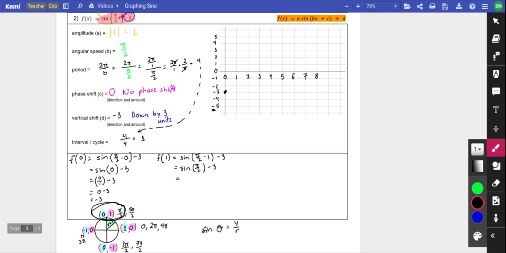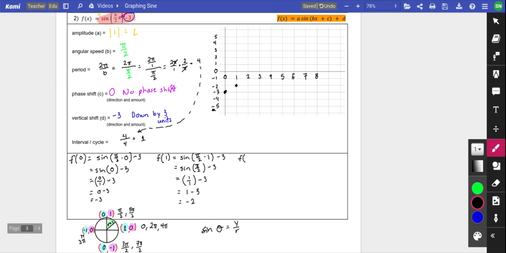Remember, that's equivalent to 90 degrees. And that would give us 1 over 1 minus 3. So that's 1 minus 3, equivalent to -2. So at 1, we are at -2. Second point on the graph.